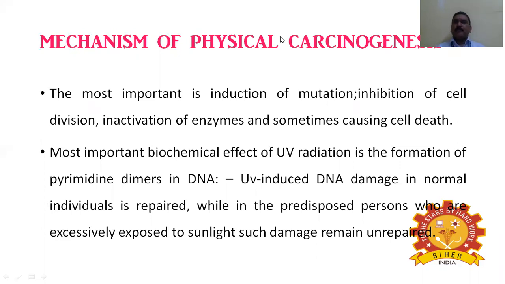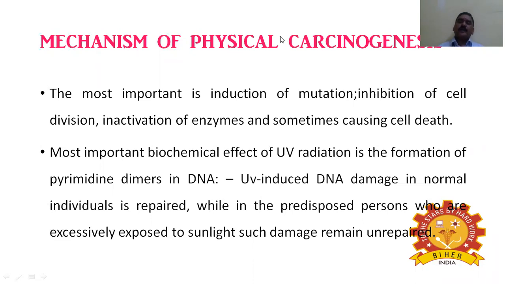The most important are the induction of mutation, the inhibition of cell division, inactivation of enzymes, and sometimes causing apoptosis. Most importantly, the biochemical effect of ultraviolet radiation is the formation of pyrimidine dimers in the DNA.